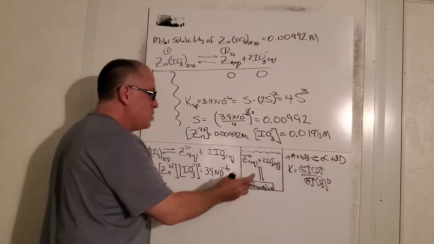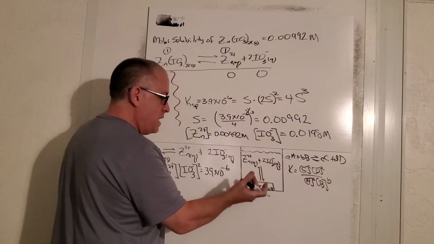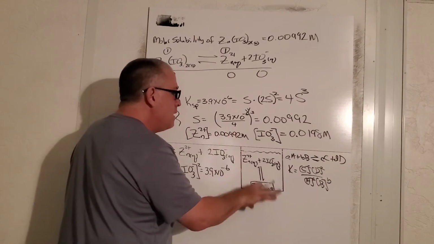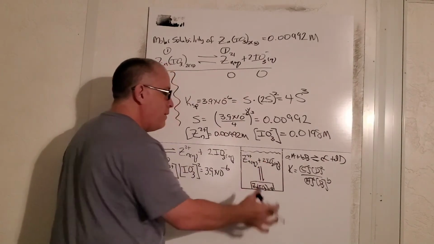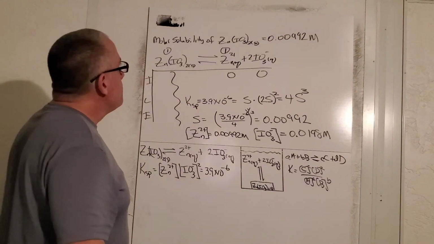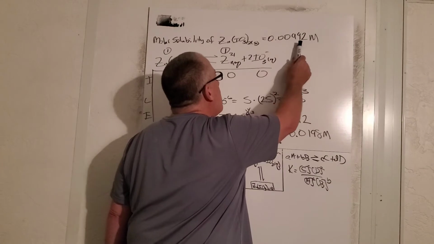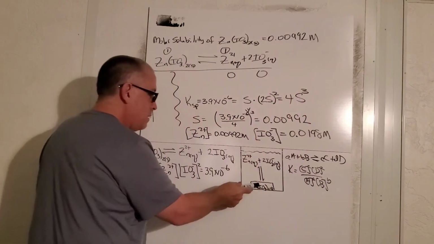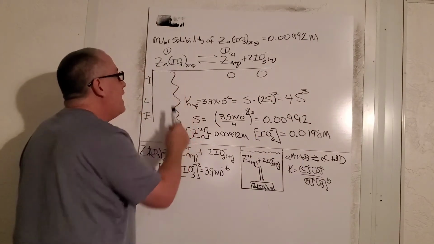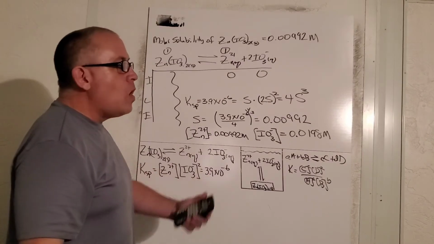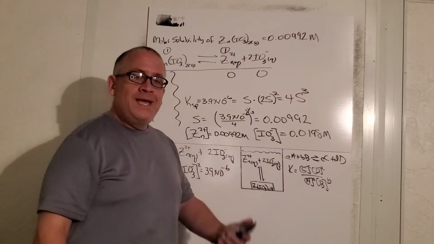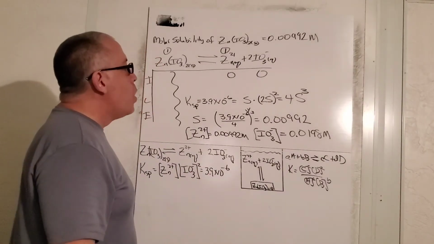That means if I took a big handful of zinc iodate and threw it into a big container of water, I would have 0.00992 moles of the solid zinc iodate dissolve into each liter of water. And that's called the molar solubility.